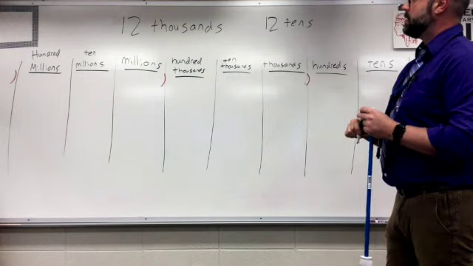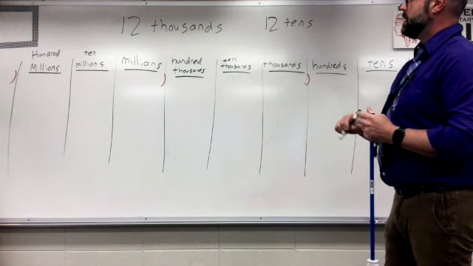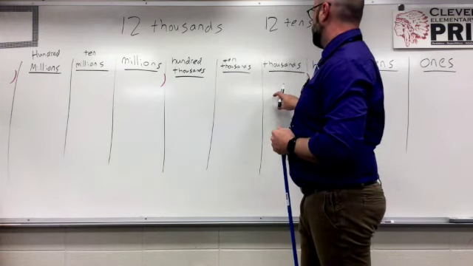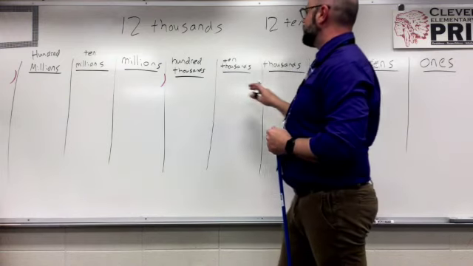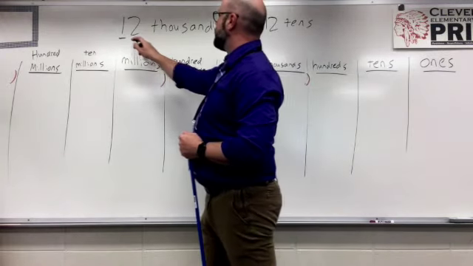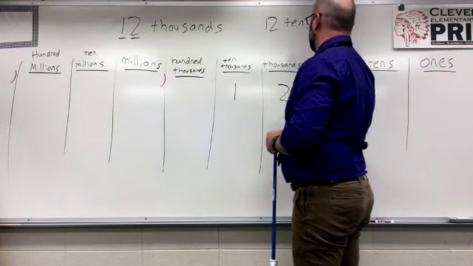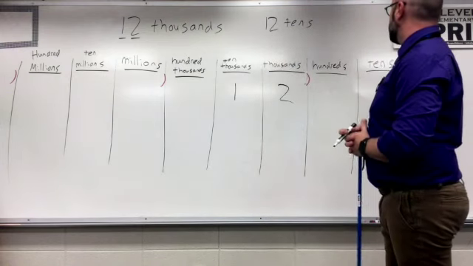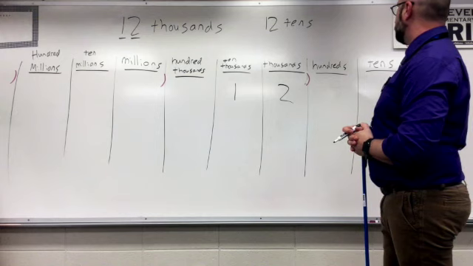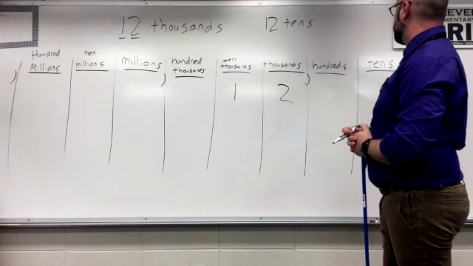Well, there's 12 thousands, so we can't just put 1 and 2 here because that's not right. What's in our tens spot? 1, then in the thousands, 2. 12 tens. How many tens are there in 100?